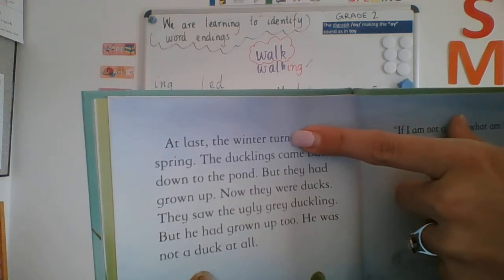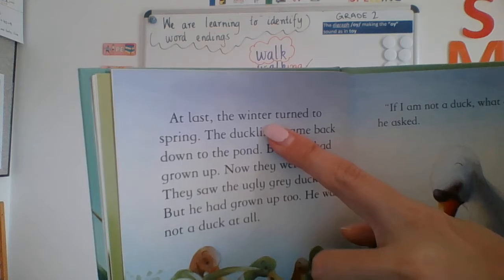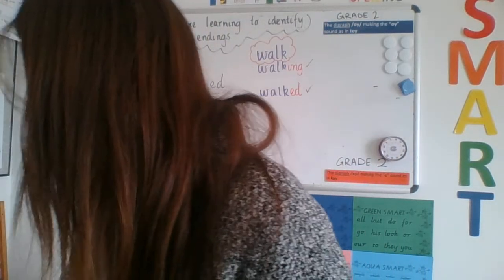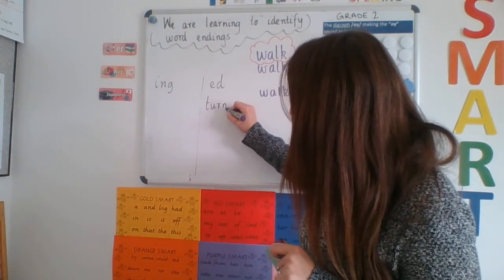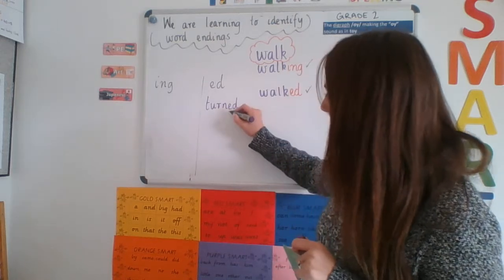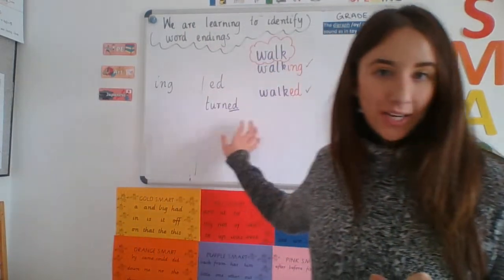But it does have an ed and I need to pay close attention to that. So I read it as turned, okay? So I can now add that word to our ed word endings, okay? I've underlined that word ending, okay?